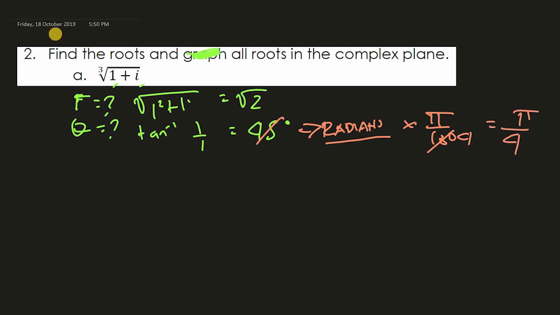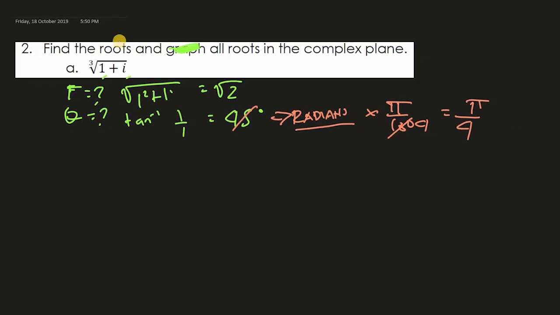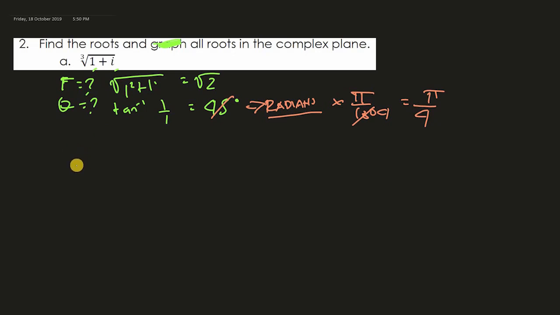Okay? So, now, we use now the formula. We now solve. So, our formula for this is, square muna natin yung R. Square root of 2. Ganun. Ito, cube root of the square root of 2. Ito, we can simplify this further. Kasi diba ito is equals to, square root of 2 natin is 2 raised to 1/2.